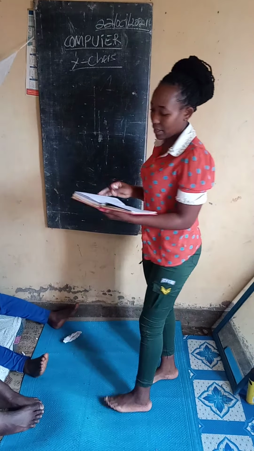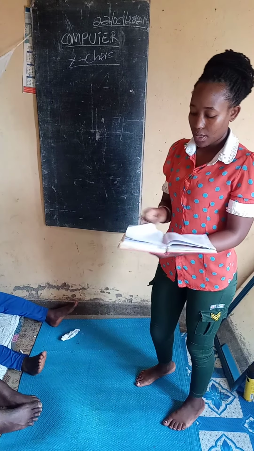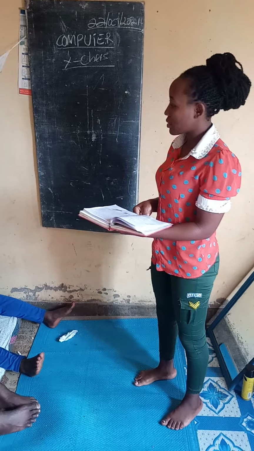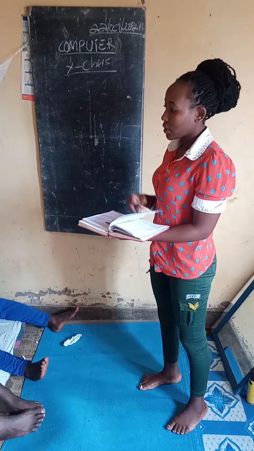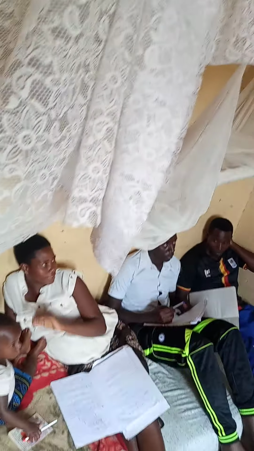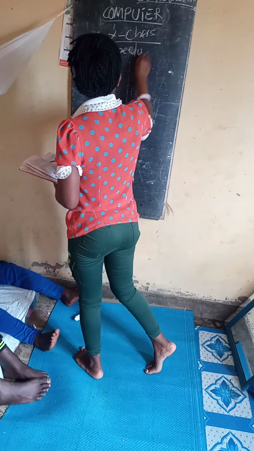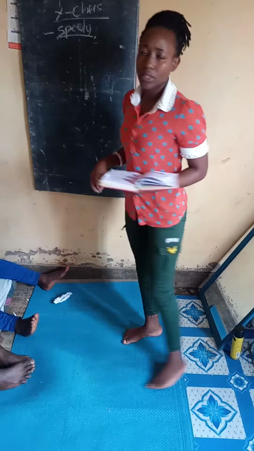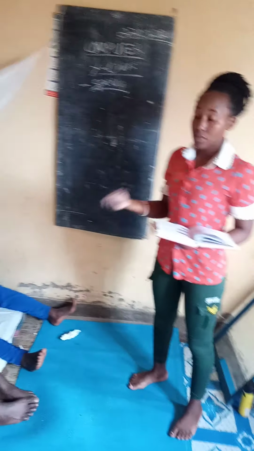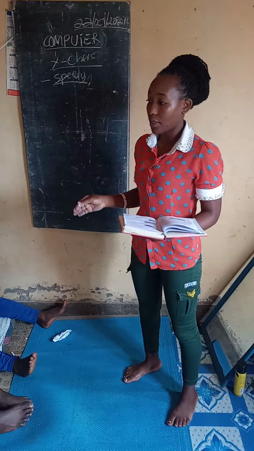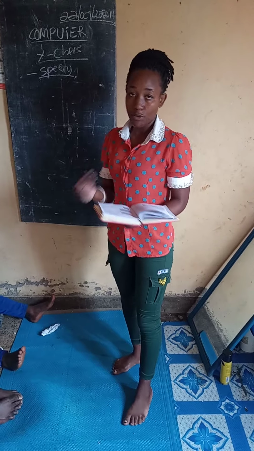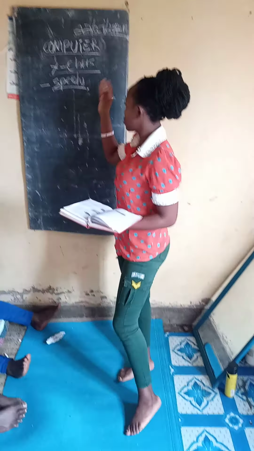Among the characteristics, there are many. Can one give us one? Speedy. Thank you. Computers are speedy. Before these computers came, people were using their hands to do different work. But nowadays they use computers.